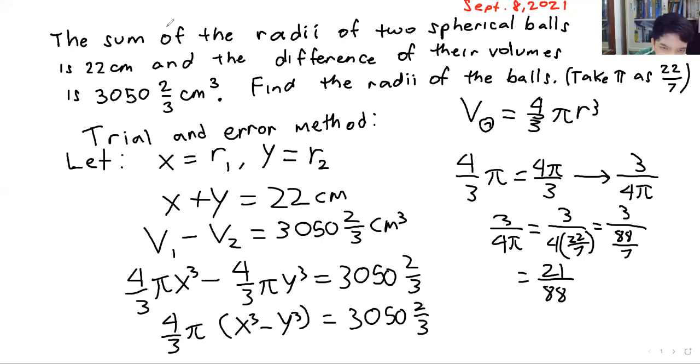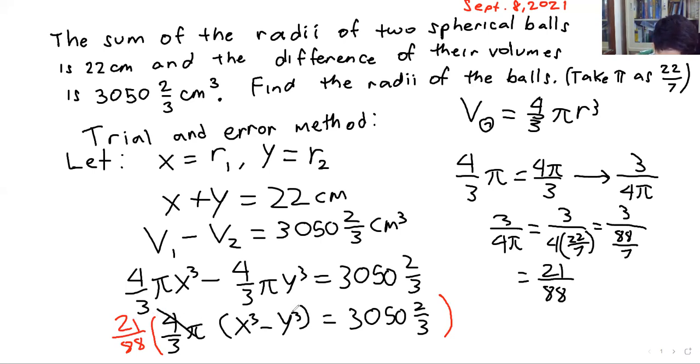So now let's multiply this entire thing by 21/88, or 3 over 4 pi. You can cancel this out. So this and this cancel.